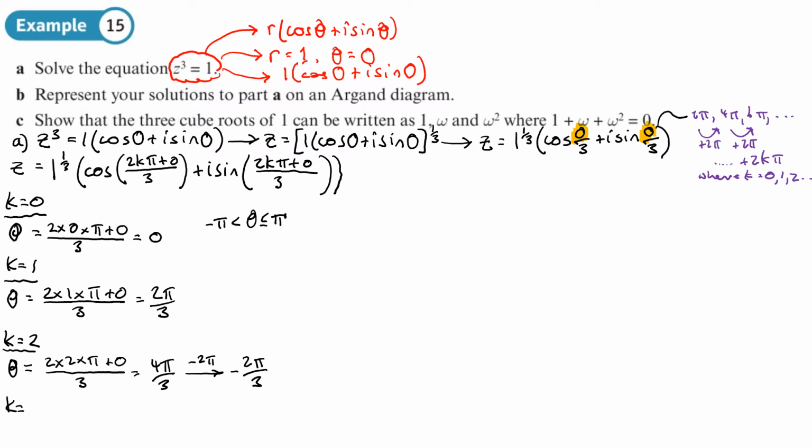Now if I go on to 3 and work this out, I'll get 2 times 3 times pi plus 0 over 3. I will get 6 pi over 3. That's just 2 pi. Take away 2 pi to make it in the range. That's 0.